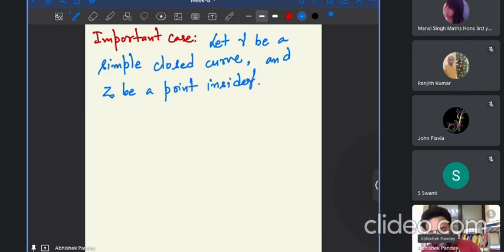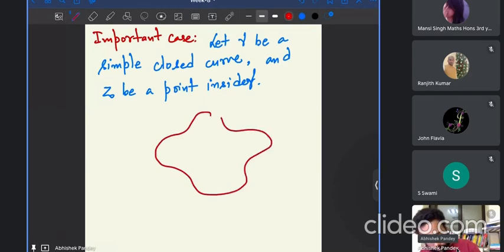A simple closed curve means whatever the parameterization is, it is one-one. In general the Jordan curves can be quite complicated, but I'm assuming here the Jordan curve theorem. So it means that it has some inside part and outside part. This Jordan curve separates the plane in two parts, one is inside and one is outside.